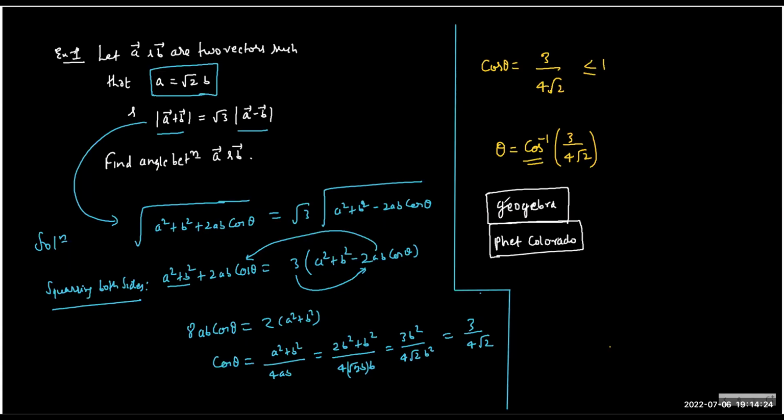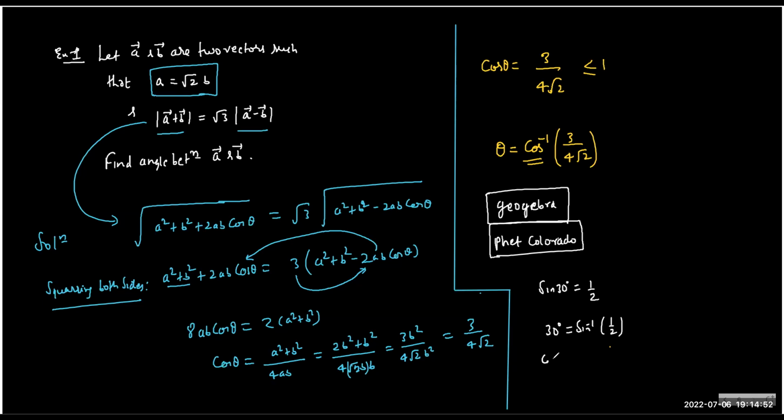So cos inverse is a function. It's not like power minus 1. This is not a power. It's just a name for the function. Okay. So to understand this simply, what is sine 30 degrees? 1 by 2. Understood. Which means 30 degrees can be rewritten as sine inverse of 1 by 2.